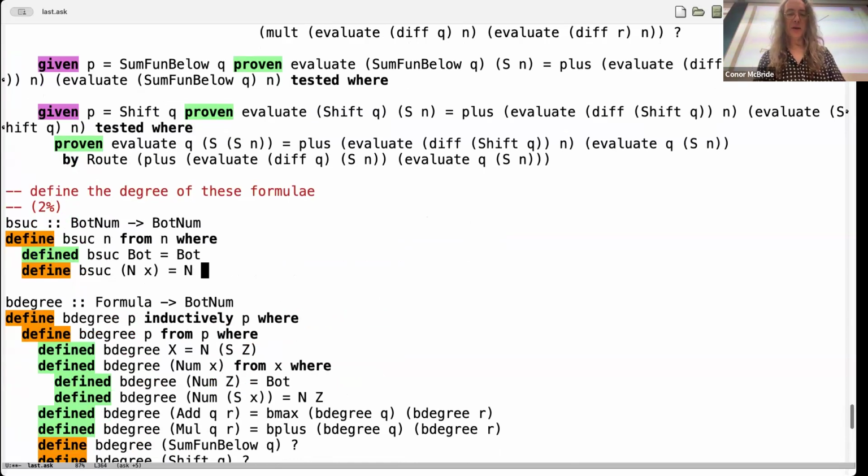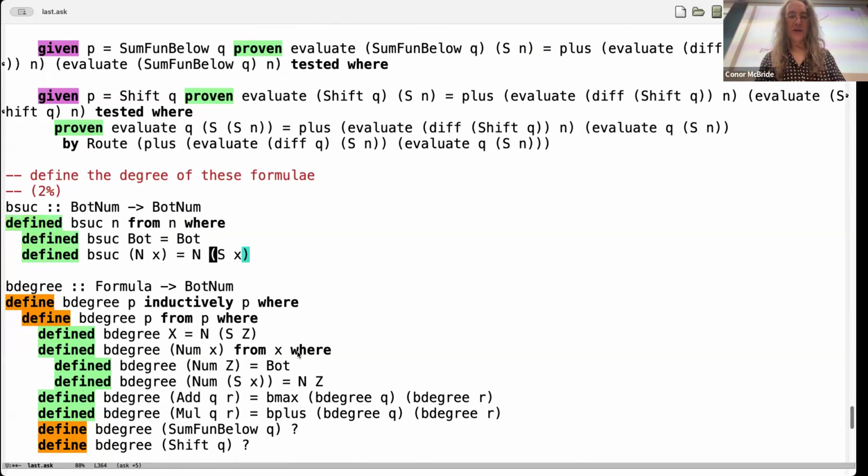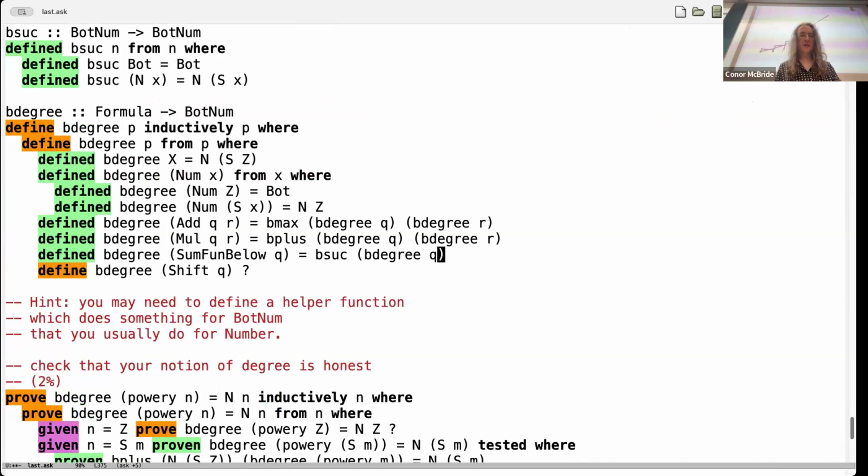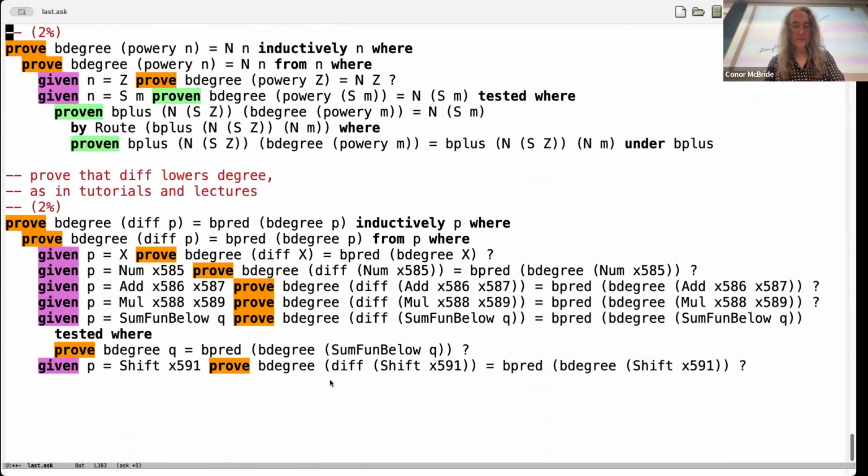Adding 1 to something that's on the chart gets you somewhere. And now we can say that this is B suck of B degree Q. Again, this was stuff that had happened before.